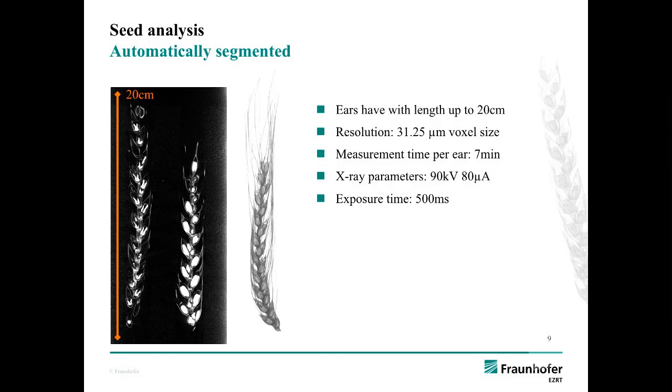The measurement time per ear, so I just divided by how many ears I had in the measurement time, is 7 minutes. And the X-ray parameters are 90 kV and 80 microamps. And the exposure time was 500 milliseconds. So the X-ray parameters are quite low, so there's not so much exposure on the ears.